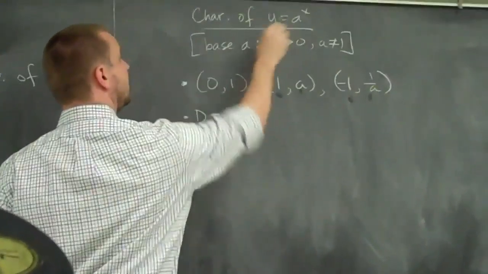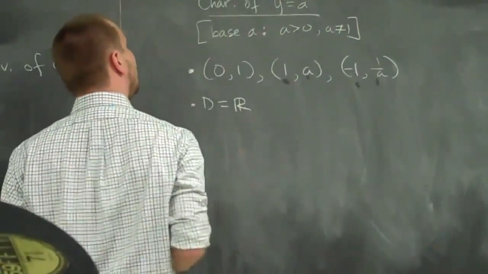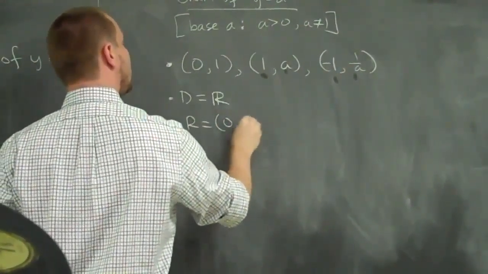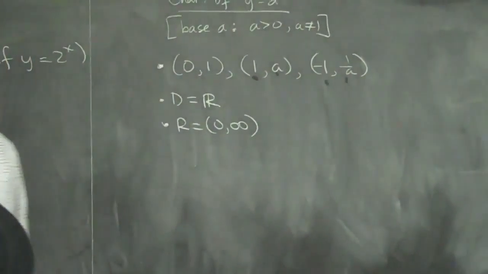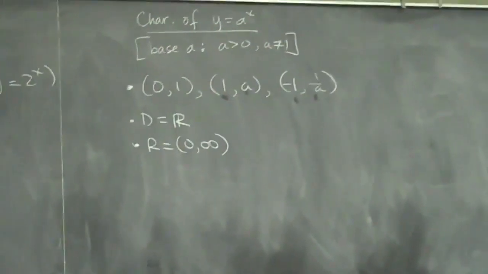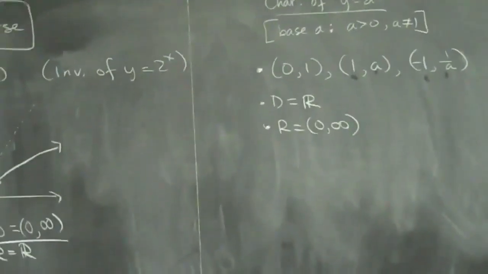We said the domain of the exponential function was all real numbers, and that the range was 0 to infinity. No matter if it was an increasing or decreasing function, right? It didn't matter if I was doing this or if I was doing this. The domain was all real numbers and the range was from 0 on up, right?